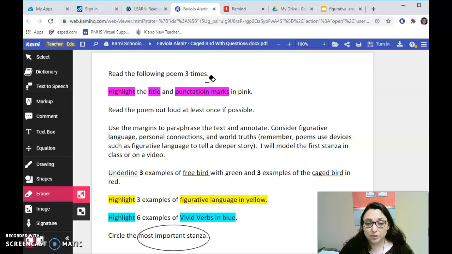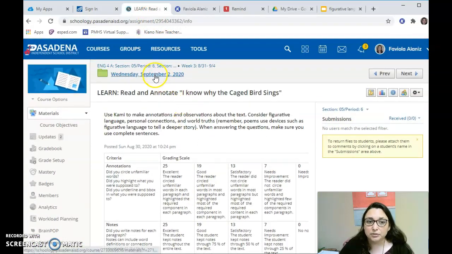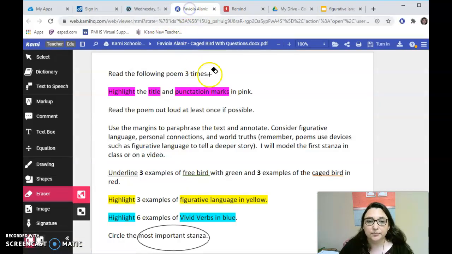If you're not sure how you're supposed to be reading it or how your voice is supposed to sound, go ahead and go back to the Schoology page, the Wednesday folder, and click on the Read Aloud from Miss Richie. Alright, since I've already read it, we're going to go ahead and continue. Right now will be a good time for you to pause, and then you can continue watching this video so you can hear Miss Richie reading the poem.